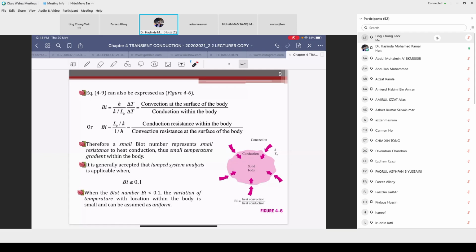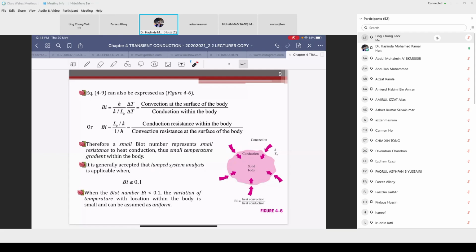Okay, so if your Biot number after you calculate and analyze, is less than 0.1, that is a validation for you to use this method to evaluate the heat transfer analysis of a body.